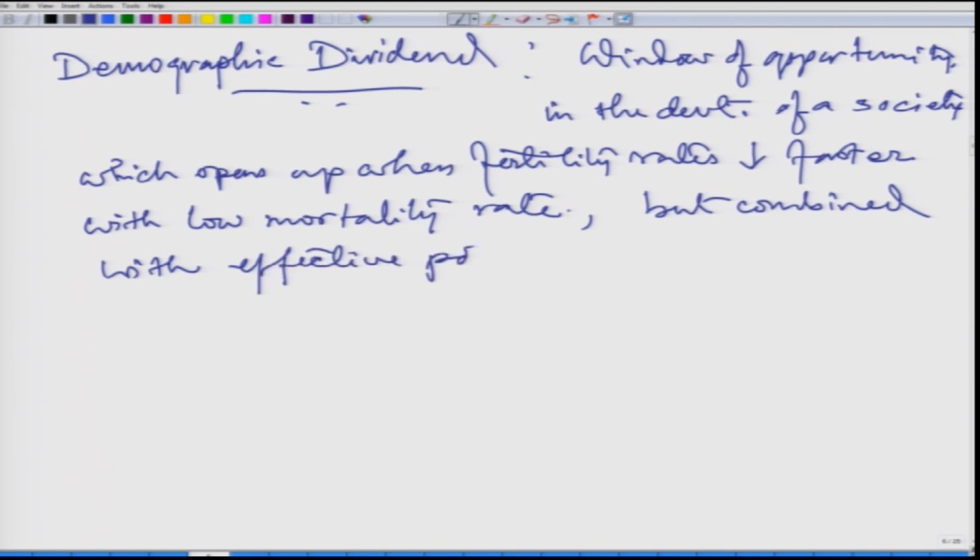In India, there is a lot of debate. We say that we are enjoying the demographic dividend, but we are not.